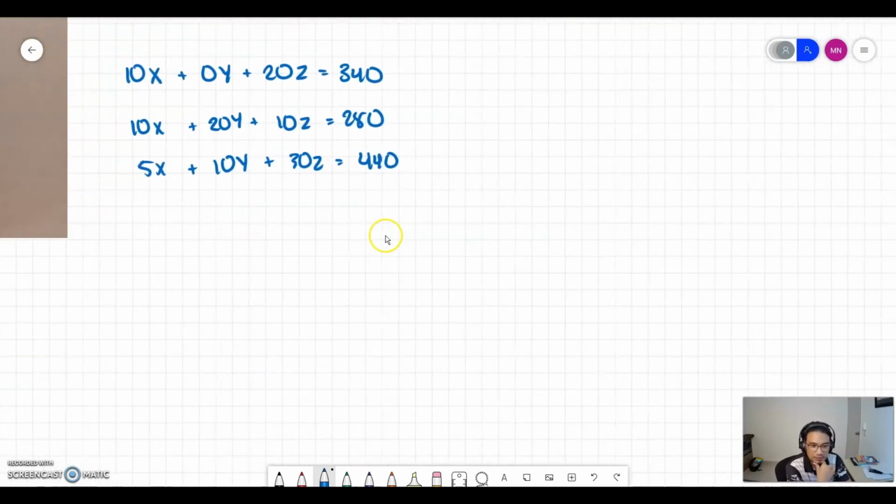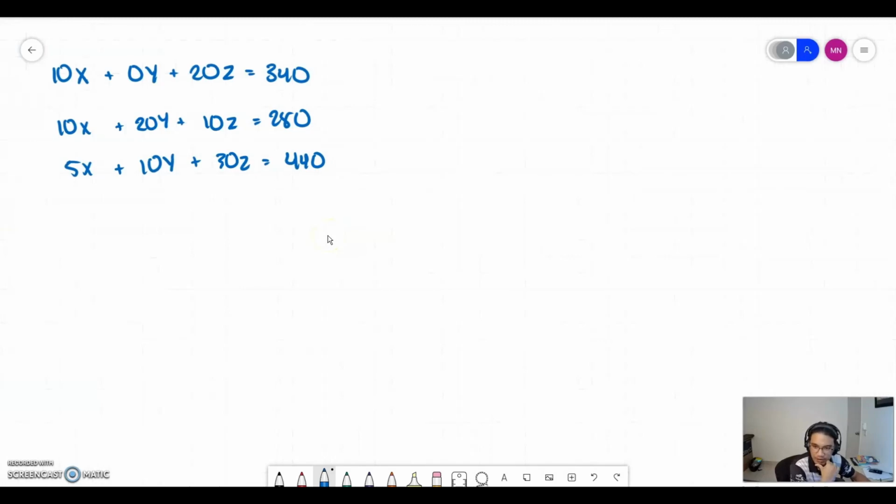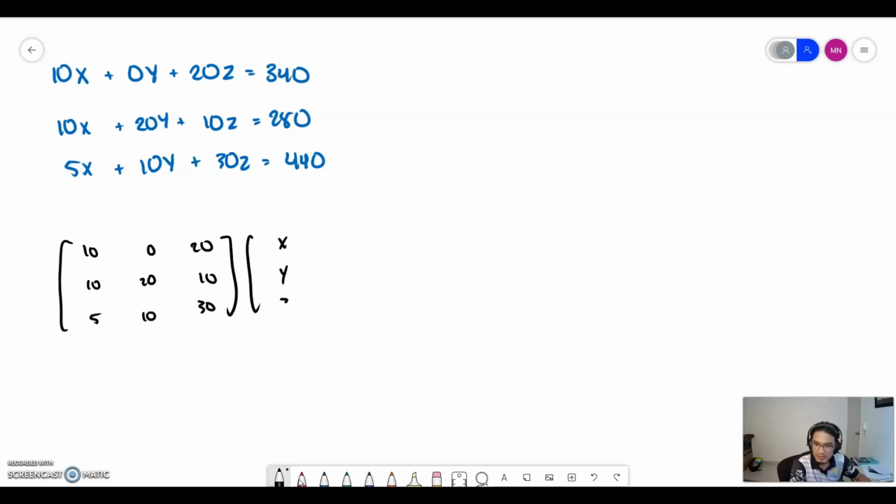Okay, so from here we can proceed to find the value for each gram of food X, food Y, and food Z. Then we write it into the form of 10, 0, 20, 10, 20, 10, 5, 10, 30, times X, Y, Z equal to 340, 280, 440.